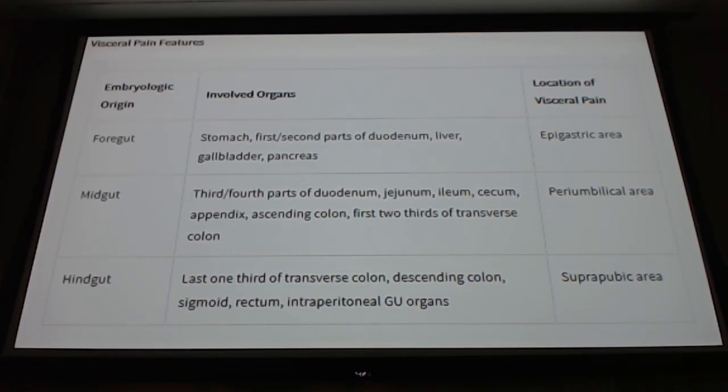This is where they enter, determined by the embryologic origin. Think of it coronally if you're sitting at the foot of somebody's bed, and you have the foregut there, which is going to be more epigastric pain, the midgut more periumbilical, and the hindgut is going to be more suprapubic area with how those can present. Again, not testable.